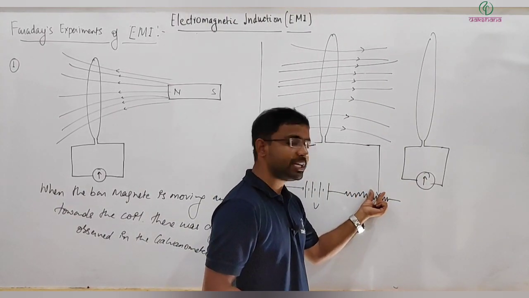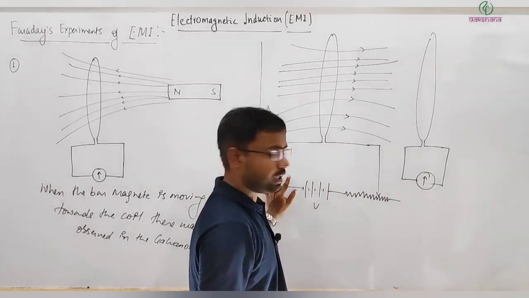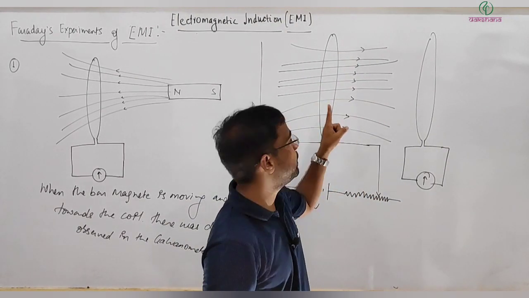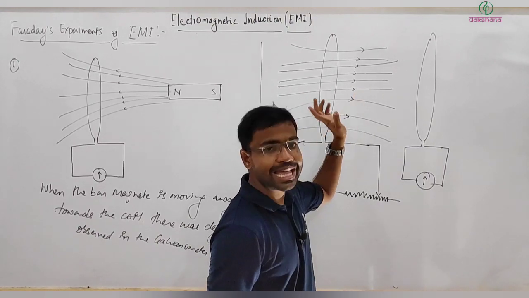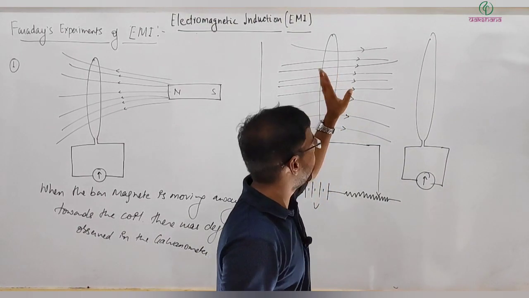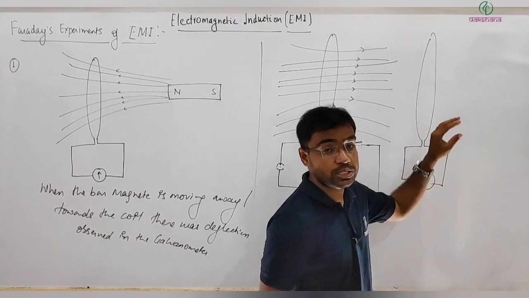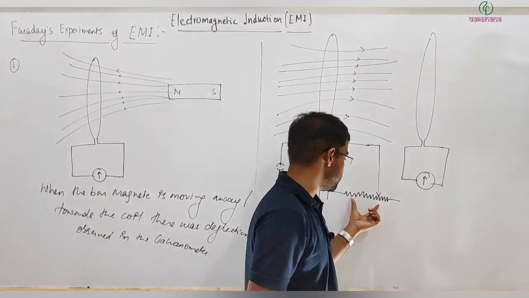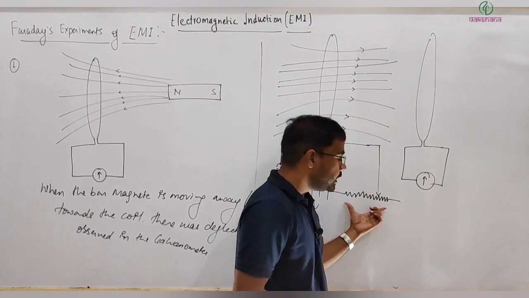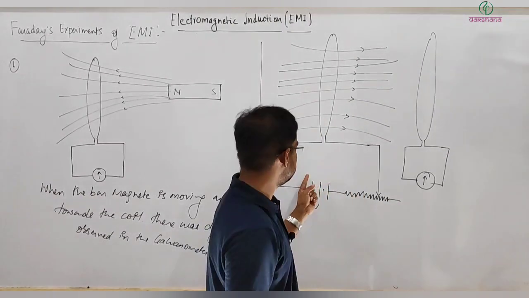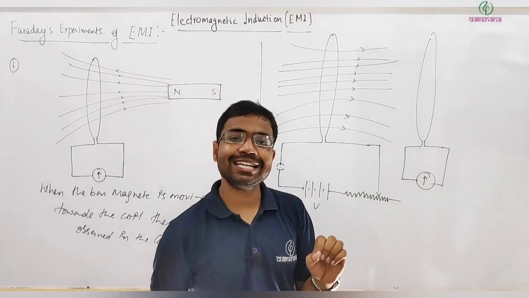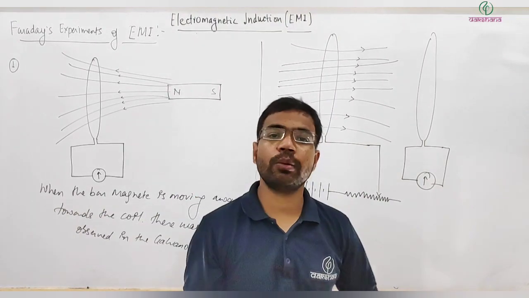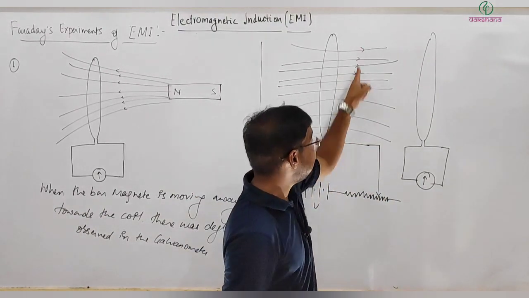But if you just keep it on and there is no switch on off, it's in on condition, some constant current is flowing in the loop, there will be some magnetic field lines and there will be magnetic flux through this, and this flux will be linked to this coil also. So in that situation also, we are not moving this rheostat, we are not varying here. Changing the rheostat means we are changing the current in this coil. Changing current means the magnetic field strength or magnetic flux, the magnetic field lines, are changing.